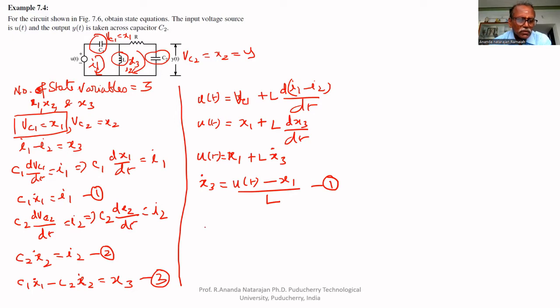We know that the third equation says C1 x1 dot minus C2 x2 dot equal to x3. From this we can find x2 dot.